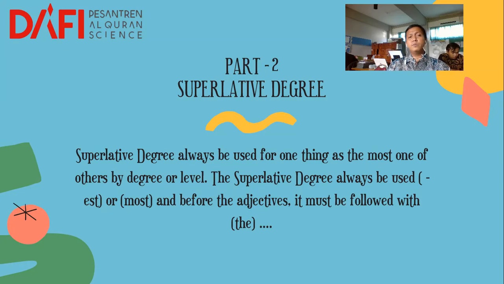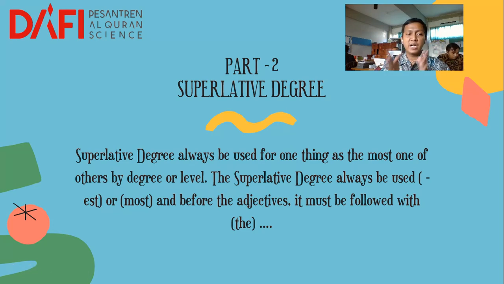Part two, superlative degree. It is always used for one thing as the most among others by degree or level. The superlative degree always uses est behind the adjective.